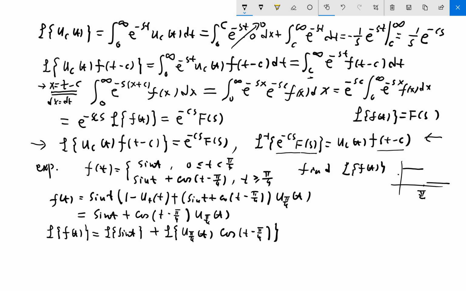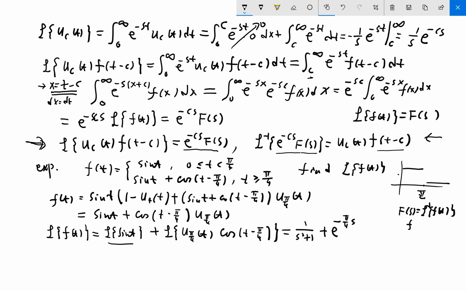That's exactly this formula with f(t) equal to cosine t and c equal to pi over 4. Therefore the first one is 1 over 1 plus s squared. For the second one, we use this formula, so you just write plus e to the negative pi over 4 s, then capital F(s).